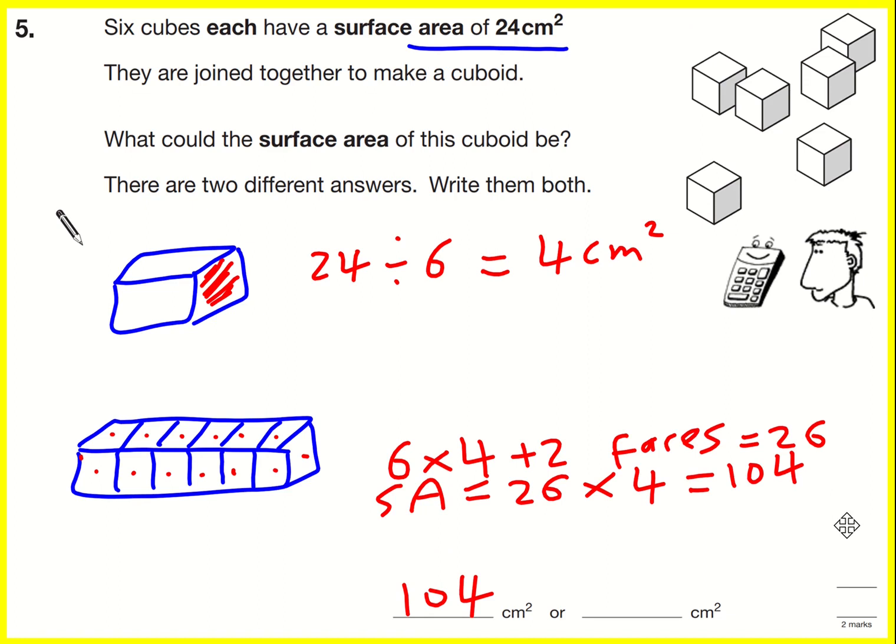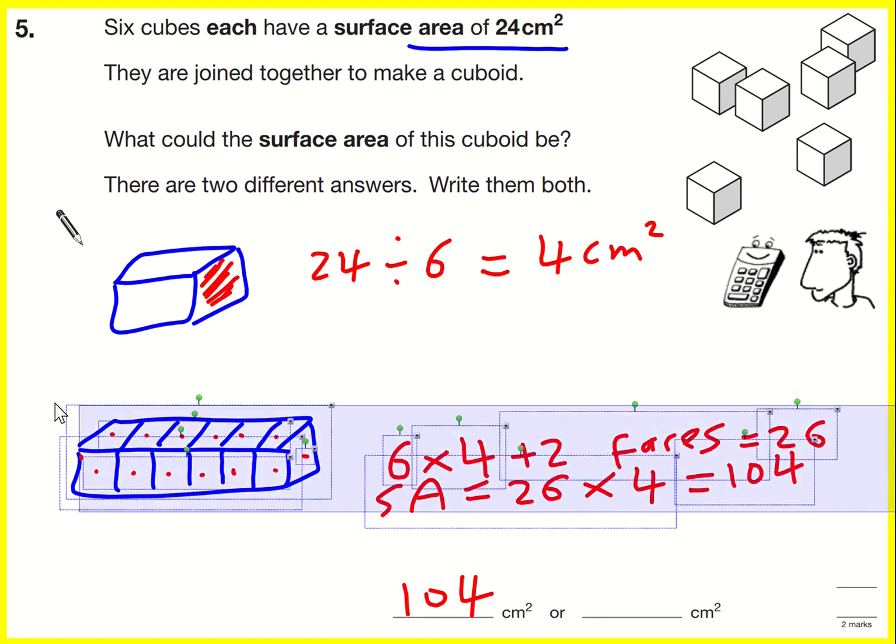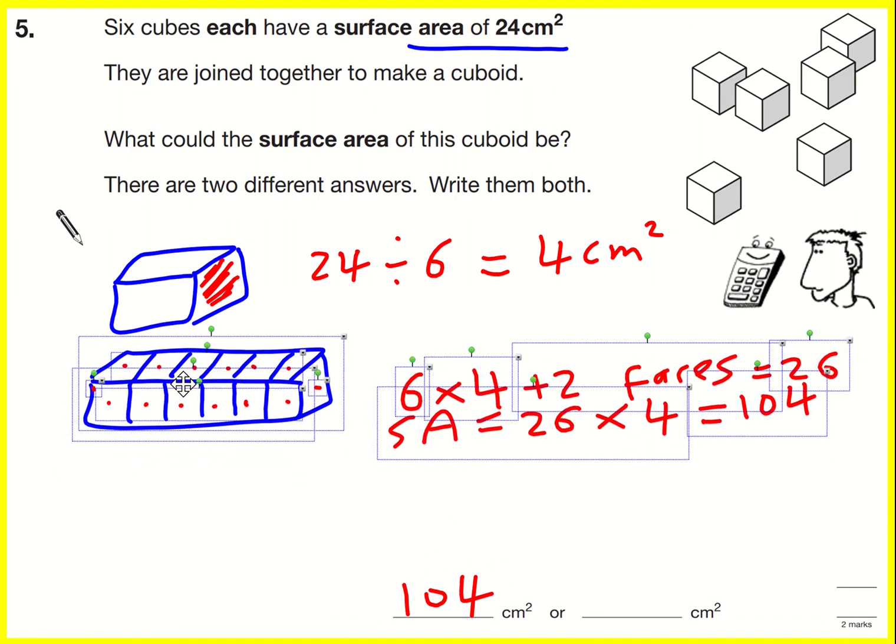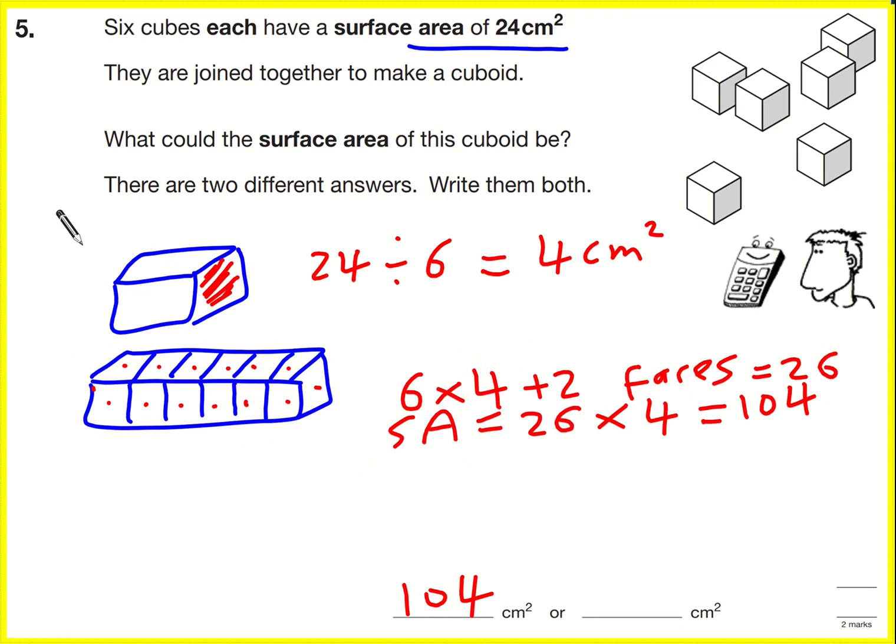We've then got to think about another cuboid that will work. Okay, second cuboid then. So what I can do here is I can have a cuboid that is 3 by 2 by 1. So it's going to look a bit like this.